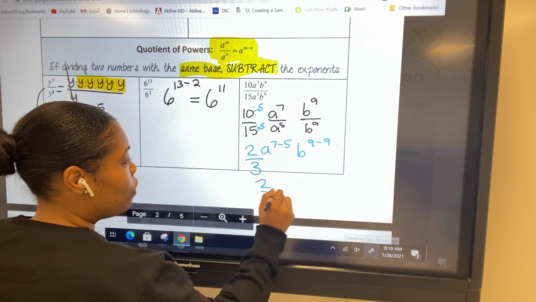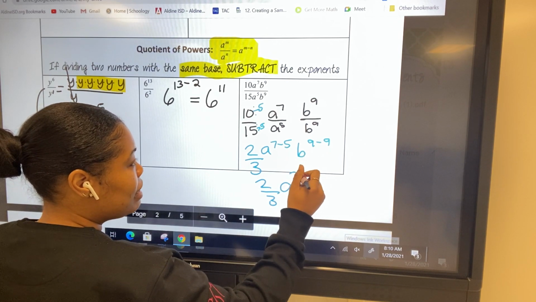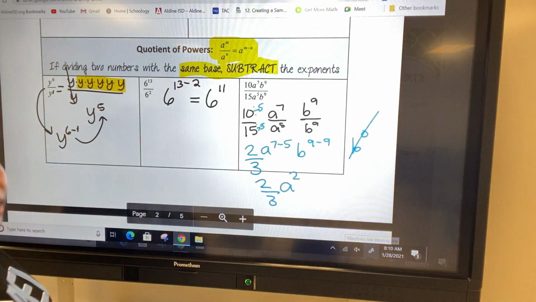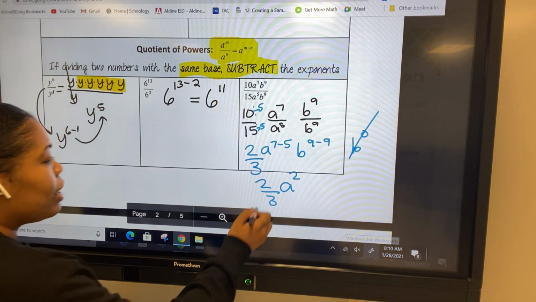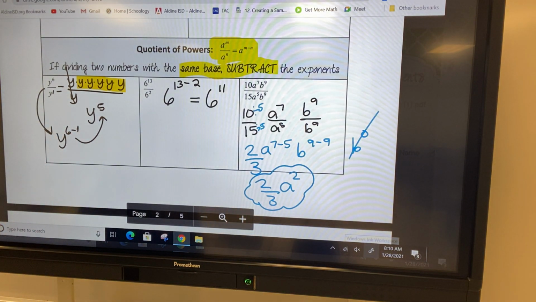So we're going to get 2 over 3, a squared, and then 9 minus 9 is 0. And so we're going to get b to the power of 0, which means that there are 0 b's, so then we don't need to write it. And so this would be our final answer, which is 2/3 a squared.